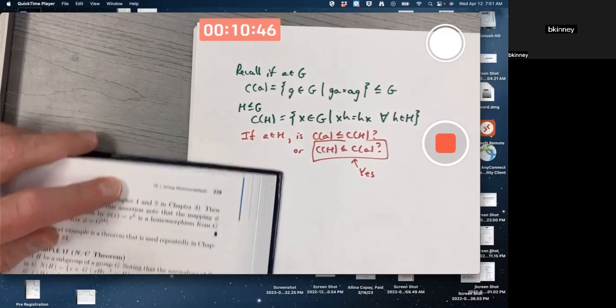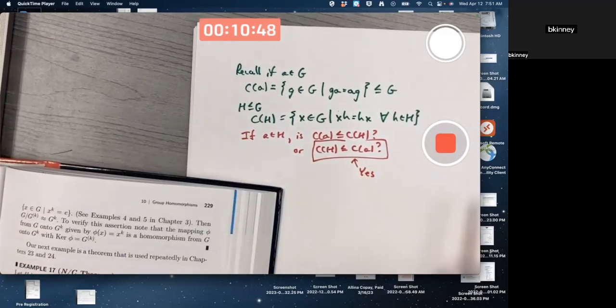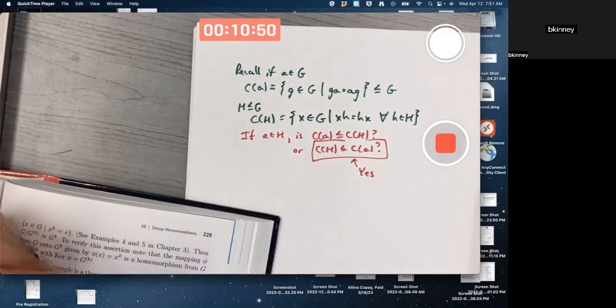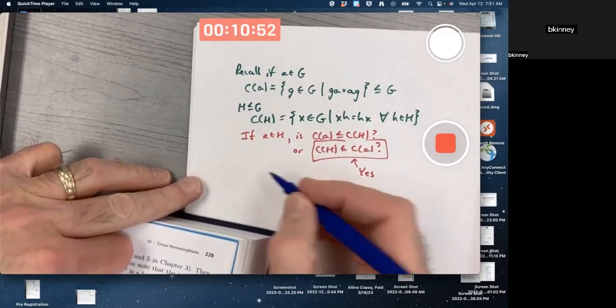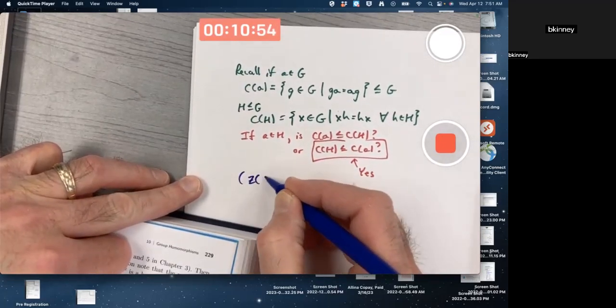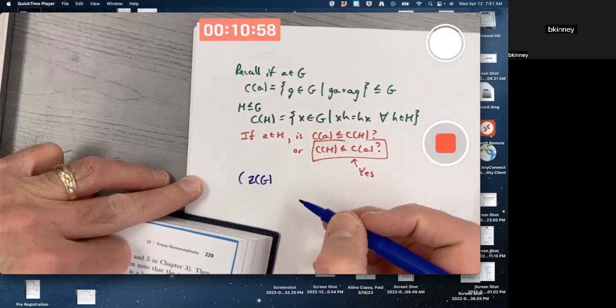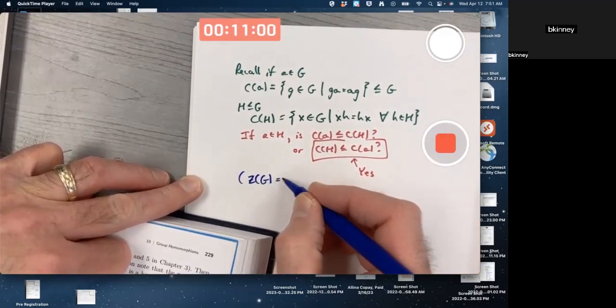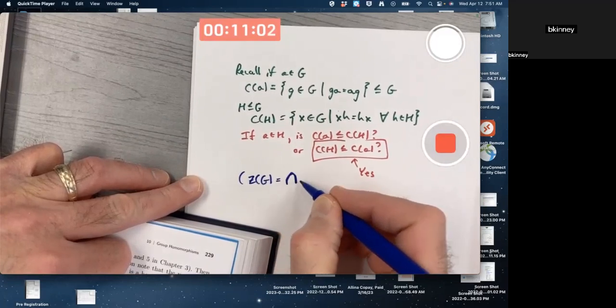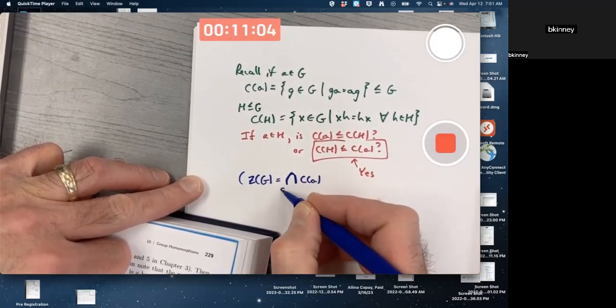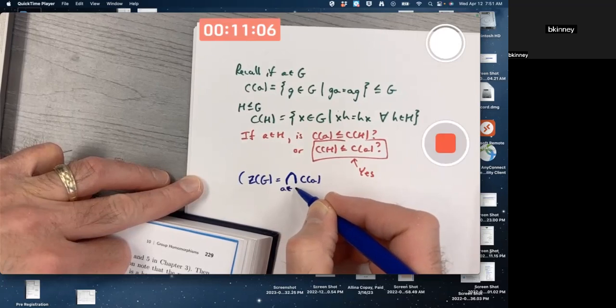The center is also smaller. You might recall, we're just doing a little remembering here, that the center of G, the set of elements of G that commute with everything in G, is the intersection of all the centralizers of the elements. So the center is relatively small compared to centralizers of elements.